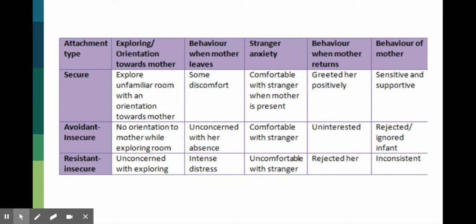You can see with stranger anxiety, with avoidant, they were perfectly fine with a stranger because they had no attachment with a caregiver, with mom. So a stranger was just as good. And then when mom returned, they either rejected her, like kept crying, or were totally uninterested, really didn't care.